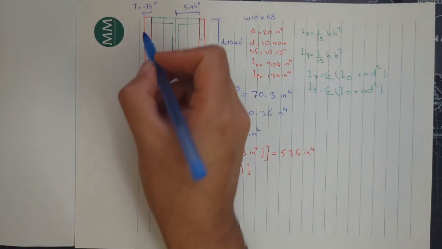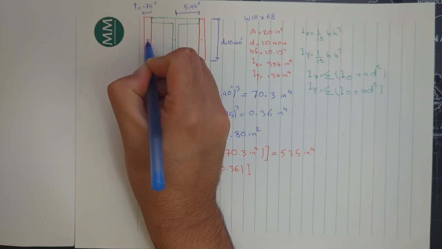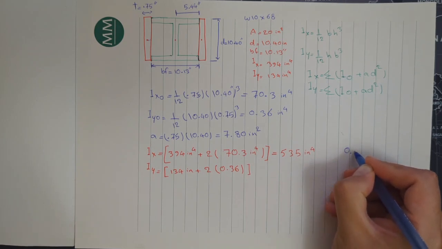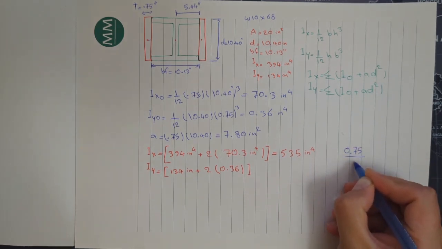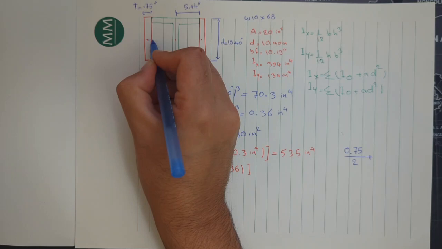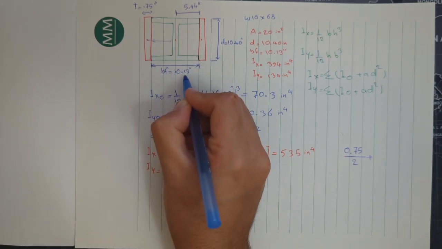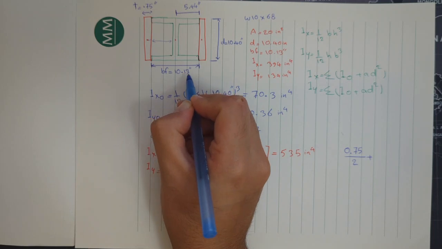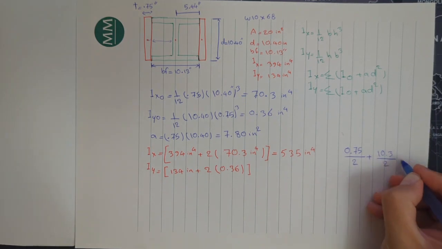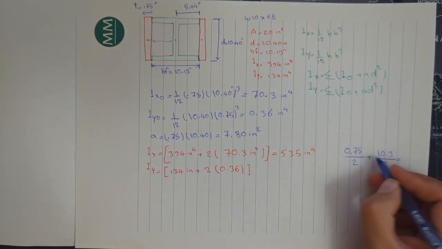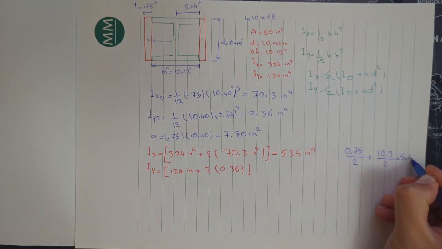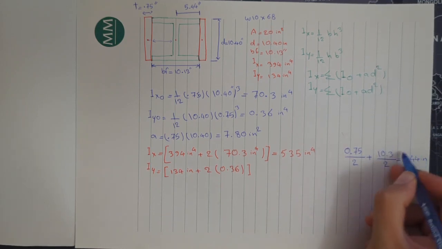This is the small part, so we are calculating this distance, which is 0.75 divided by 2 plus, now this distance. So the whole thing is 10.13. The half of it is what we need here. So the answer is going to be 5.44 inches.